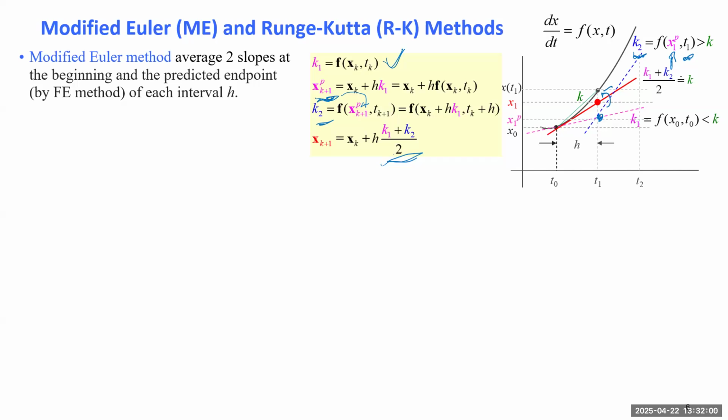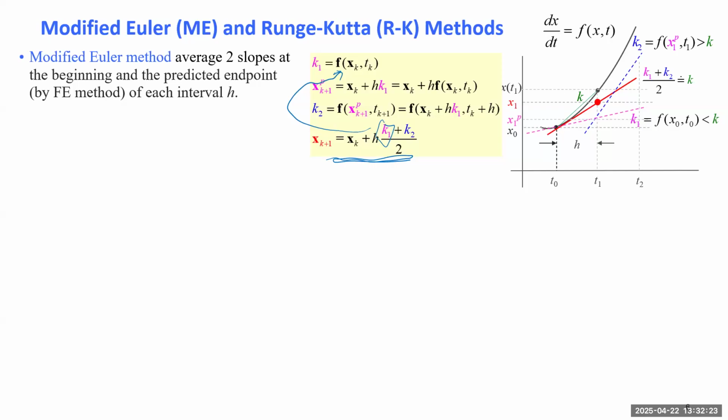So what is the order of this method? This is a second order method. Why second order? Because this equation seems still to be linear, right? But you see K1 comes from F, that's a first order derivative.